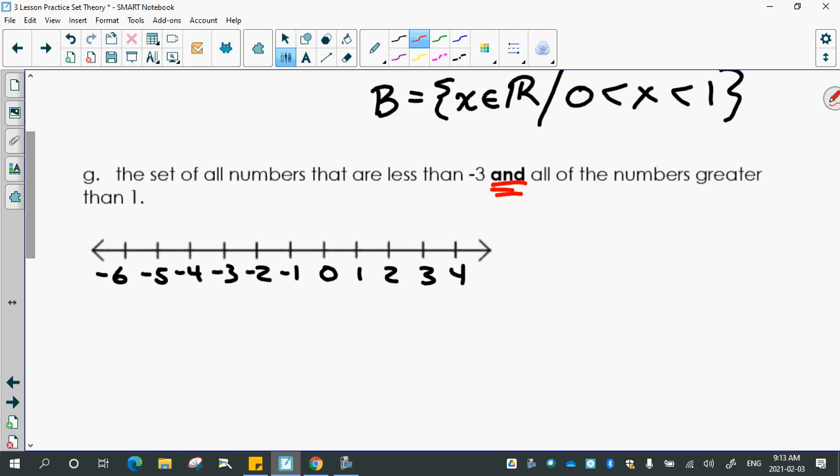So all of the numbers that are less than -3, so is -3 included there? No, so it's gonna have an open circle. And all the numbers less than -3 look like that. Okay? And all of the numbers greater than 1. So is 1 in the set? No, so open circle. And all of the numbers greater than 1.